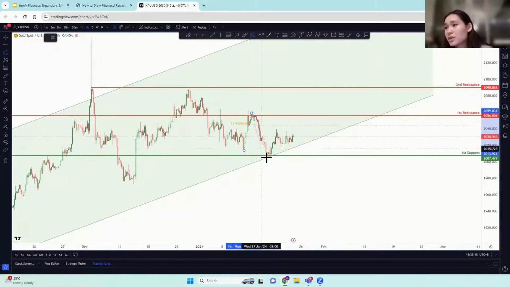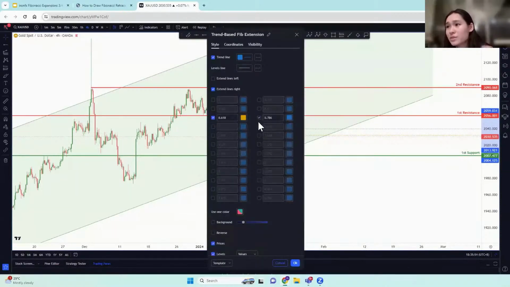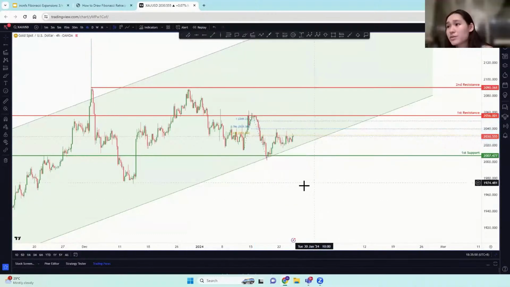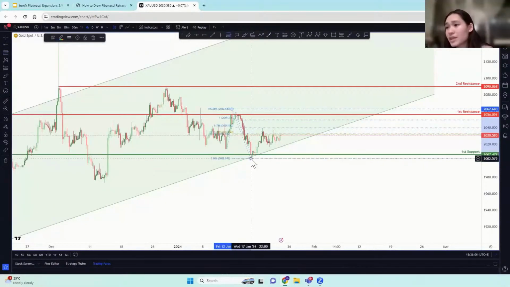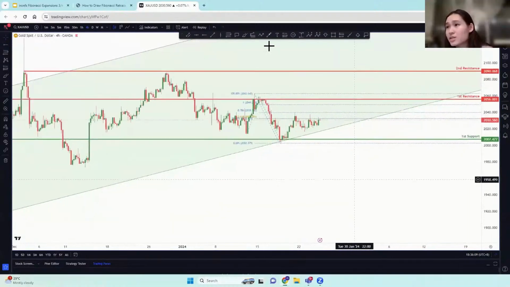So this is my starting point, middle point, and ending point. For projections, we use 61.8, 78.6, and 100%. So I'm just going to have all of those levels first. Next, I'm going to be taking a retracement because I want to see if I have any levels that line up with our projection, which you can see is over here.